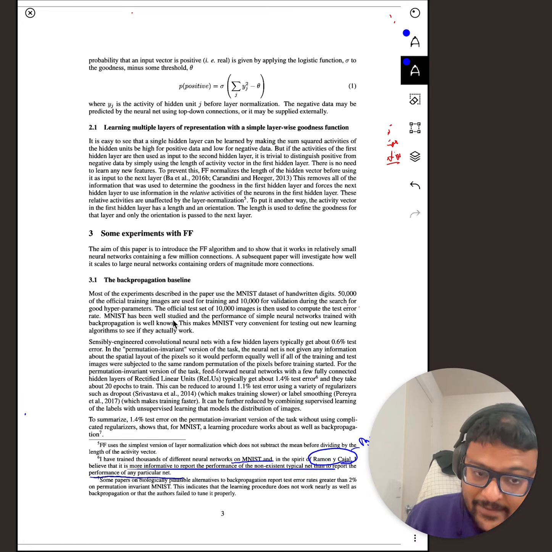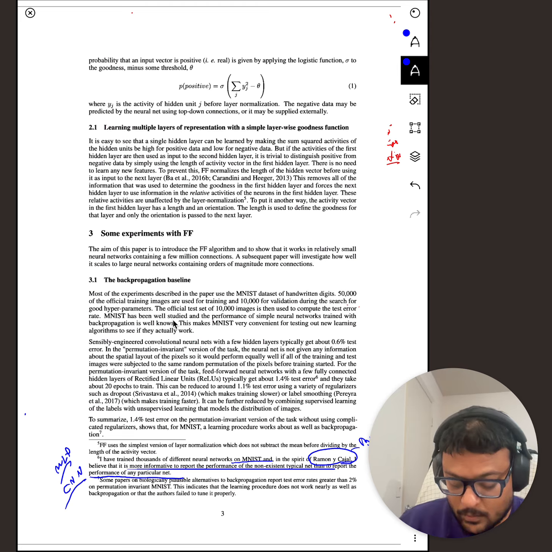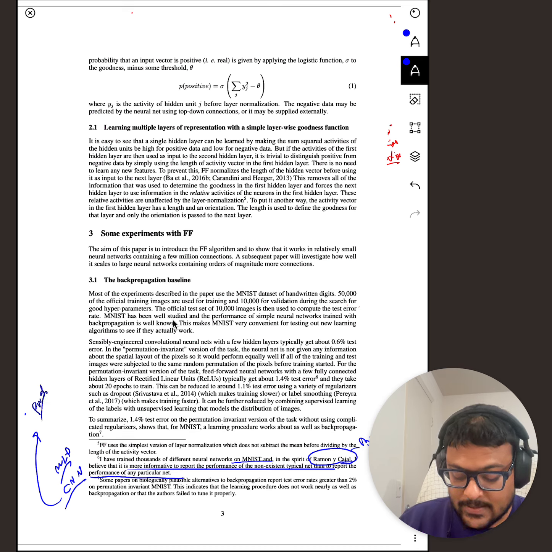Hinton says that, so he will just report performance on an MLP and not on a CNN. But the key point is that if you have to make it work in the real world, you have to show how Forward Forward will stack up against CNNs and ResNets and maybe some sort of transformers.